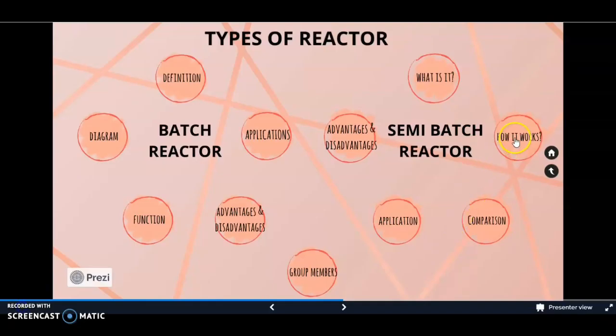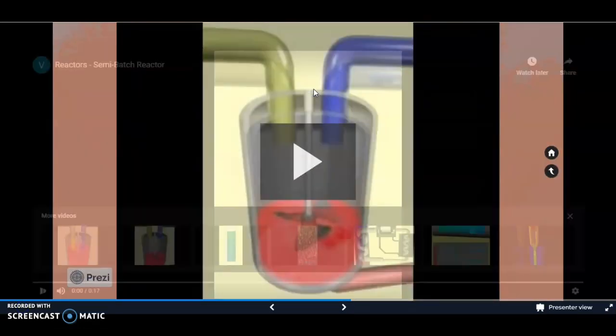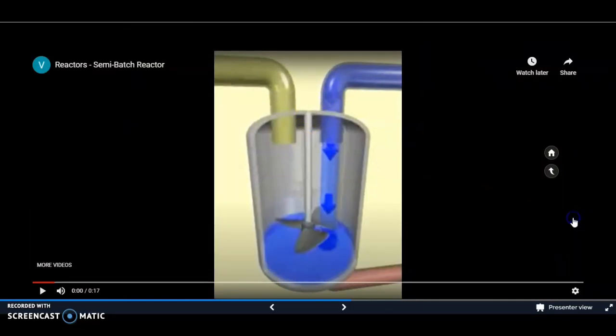Okay, so now we'll see how the semi-batch reactor works. Based on this video, we can see that first of all, the first reactant has been added into the reactor. So let's say this is reactant A and this is reactant B. First of all, we add reactant A into the reactor, then we start the reactor.